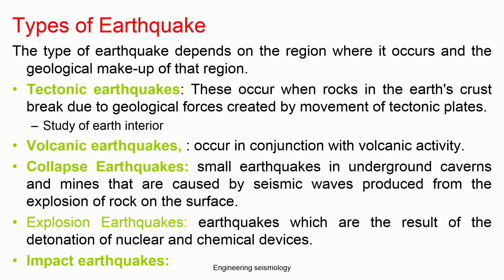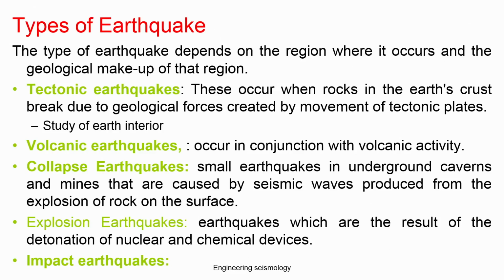Another one is the explosion earthquake. Explosion earthquakes are man-made earthquakes, like when people carry out terrorist activity or use explosions for mining. Another is the impact earthquake. This is caused by driving something, like pile driving, which people who studied civil engineering know, cast in situ piles.